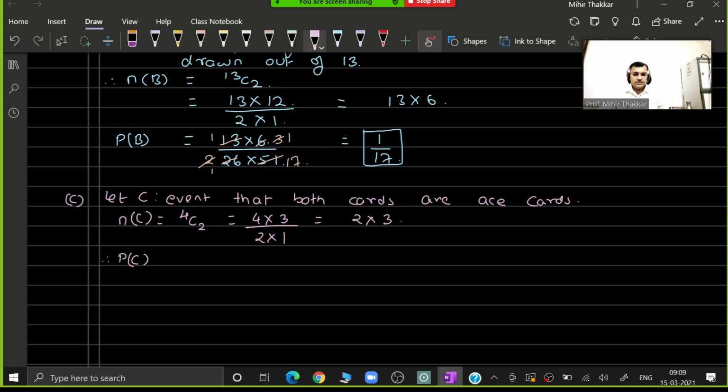Therefore, P of C will come out to be equal to 2 into 3 divided by 26 into 51. So when we do the cancellation, this will become 13. This will become 17. So just multiply the values over here.